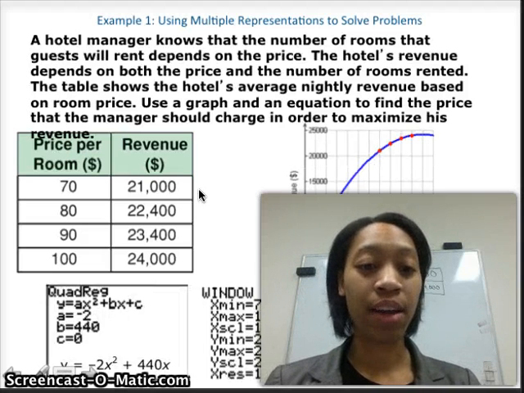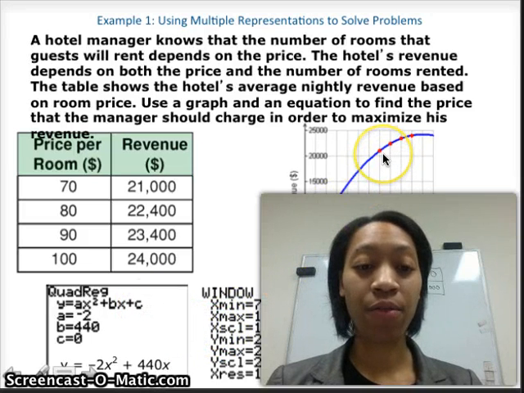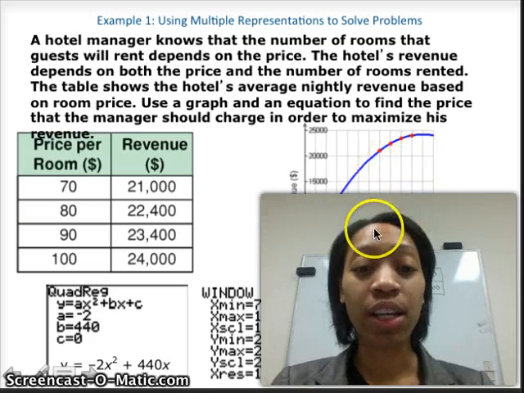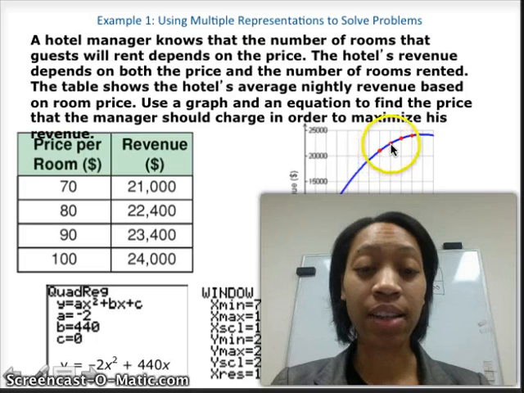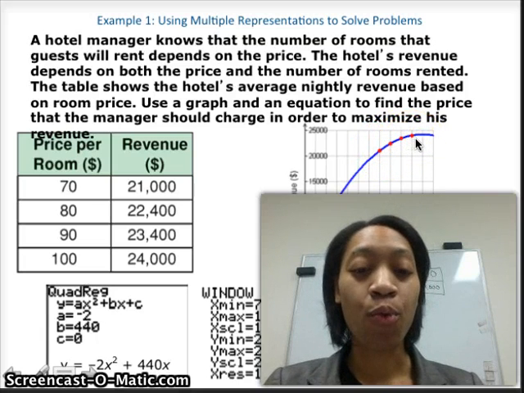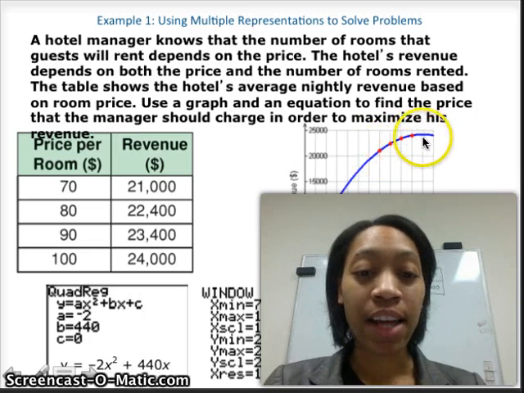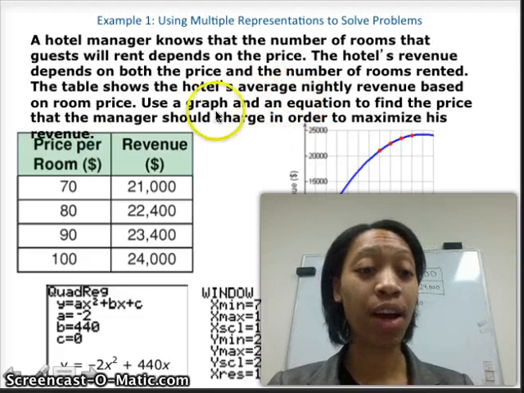Let's go ahead and graph these points. Just looking at this graph, if I take these points and graph them, I can see that these three red points are what the graph is. Can I use this graph to answer my question? Well, they want me to find the maximum.